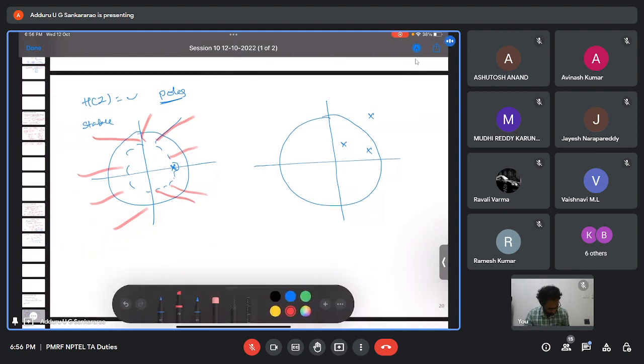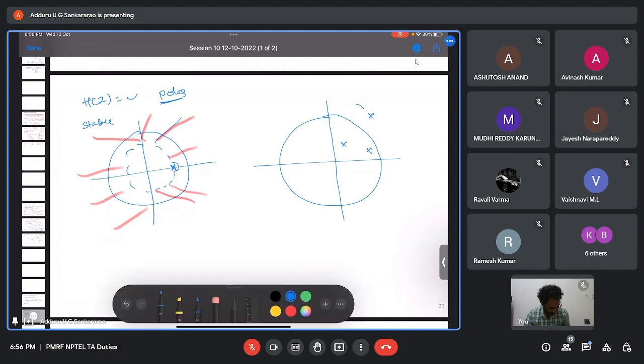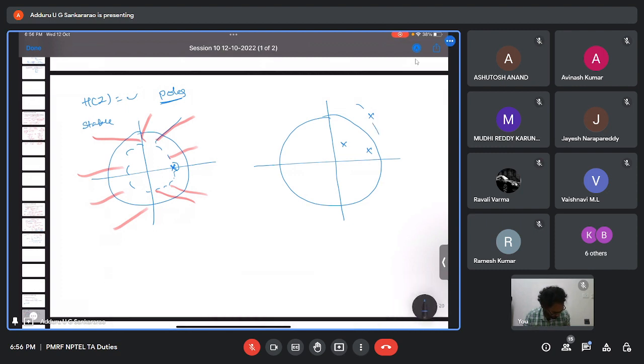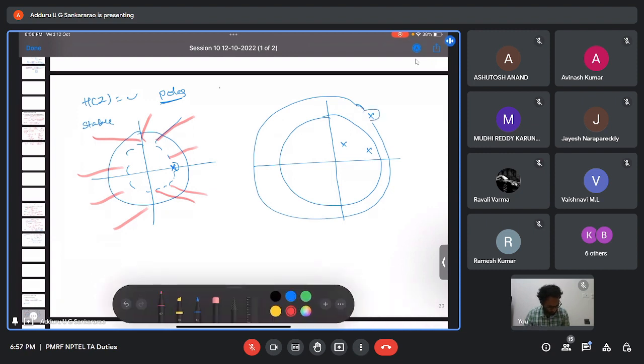So the outermost pole is this one, and the ROC is outside of it.